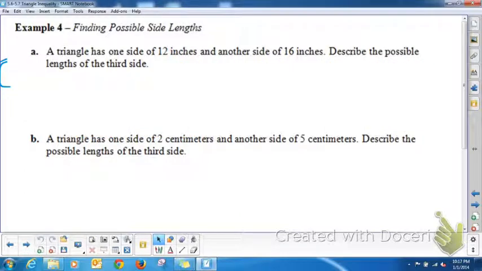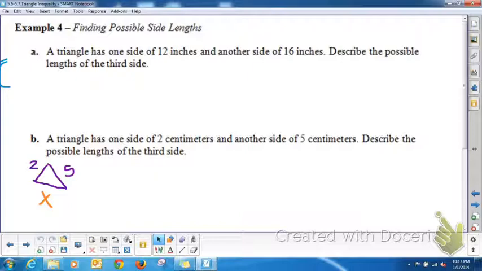So we have a triangle that has one side of 2 centimeters and another side of 5 centimeters. So we have this triangle. It's got a side of 2 and a side of 5, and we don't know the third.